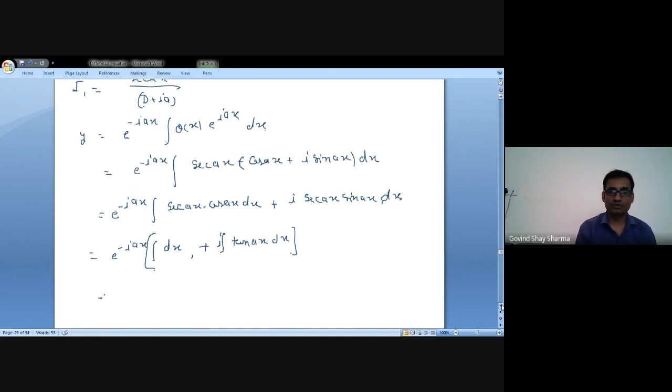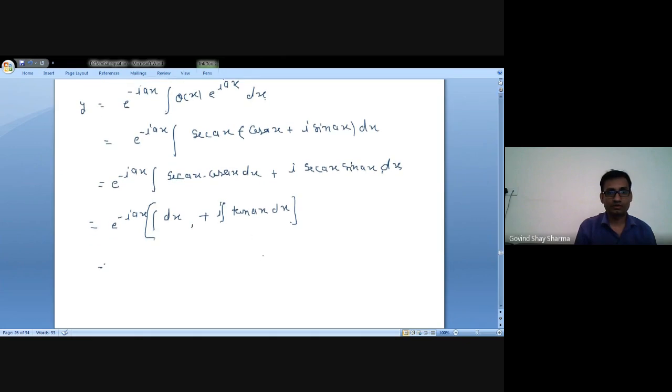Now integration of both parts. e to the power minus iota ax. This is x plus iota log cos ax.